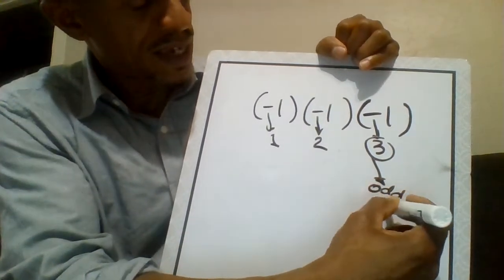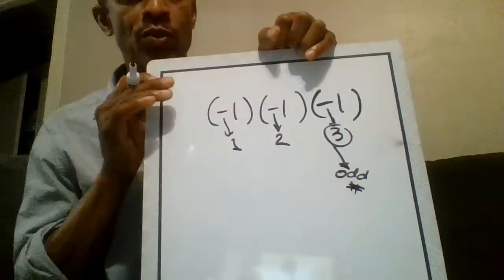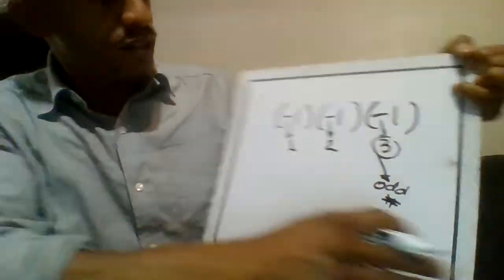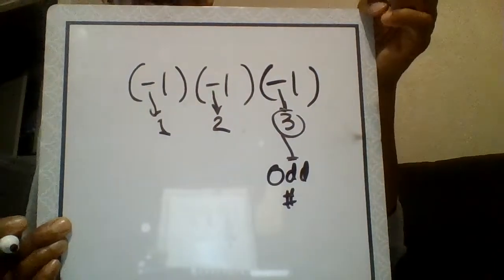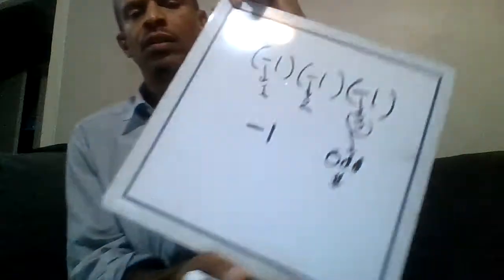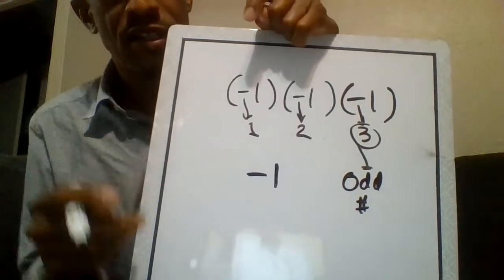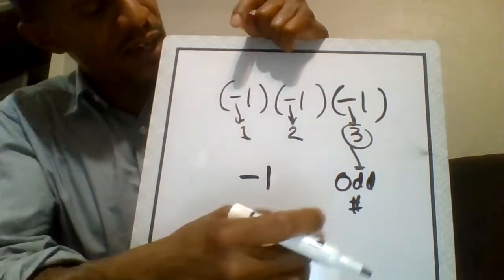An odd number. So knowing that 3 is an odd number, we immediately get our product, and our product is going to be negative 1. Notice that: an odd number.